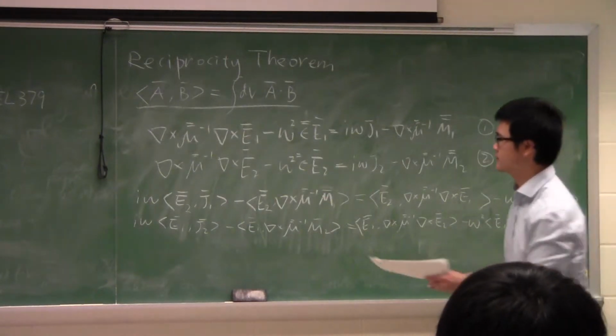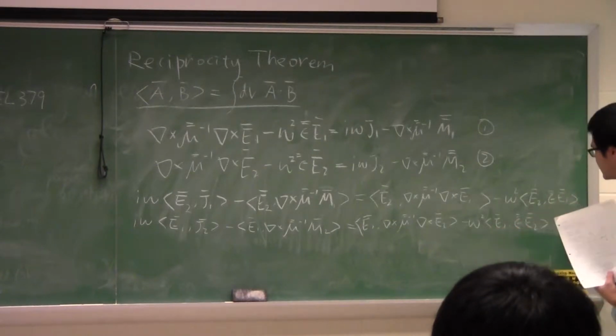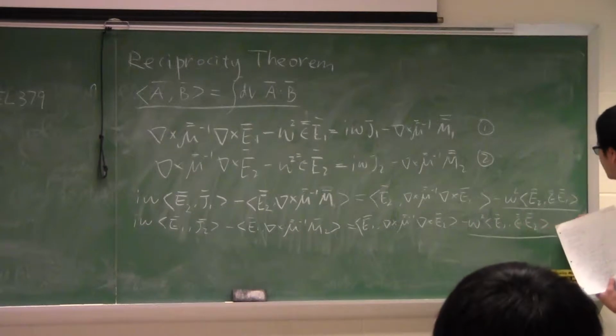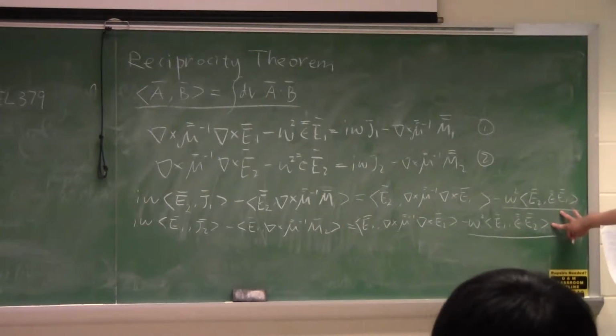So our goal is to prove these two the same. If we look at the right hand side of this equation, we can see these two terms look very similar, right? So how do we make these two the same?